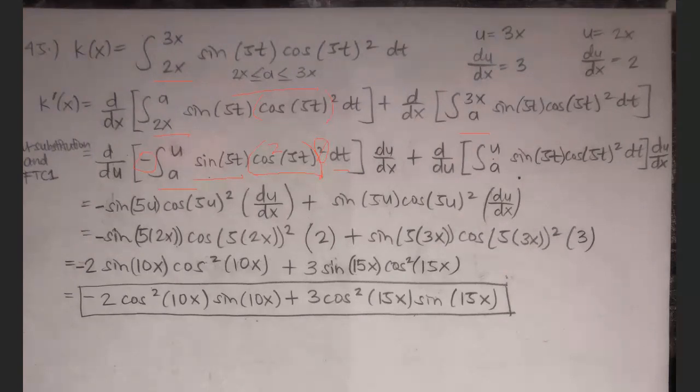So applying u substitution, we integrate the integrand, then we substitute back the u term. Then when we substitute with the upper limit, we have to remember to multiply by the derivative of the upper limit. Then we simplify. Okay, great.